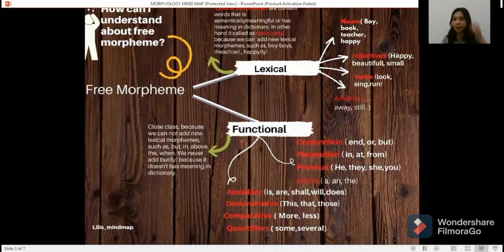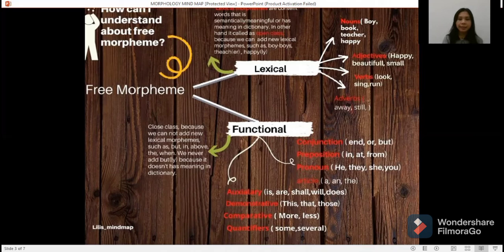And about verbs: look, sing, run, shout, laugh. And the last one is adverbs: away, still, such as go away, still waiting, something like that.